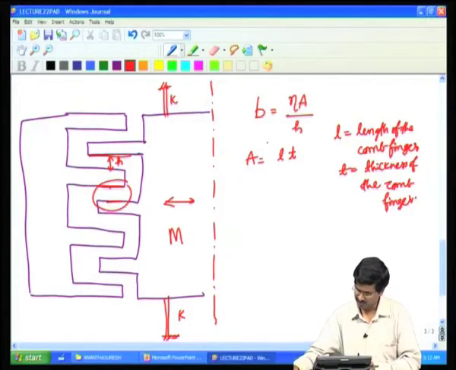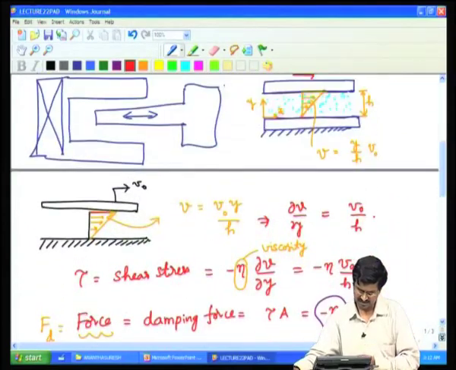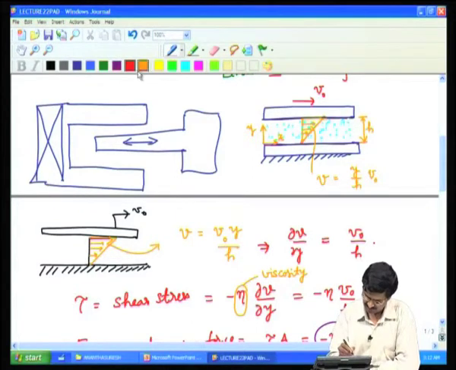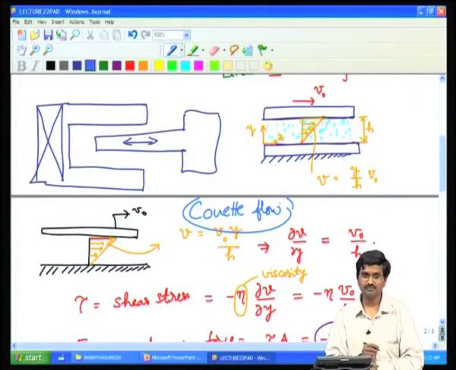This kind of flow that we just discussed, where one plate is stationary and the other plate is moving, such as this, there is a name for it, and that is Couette flow.